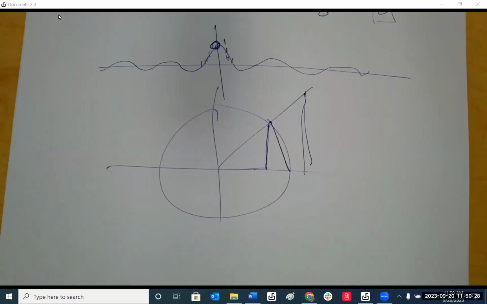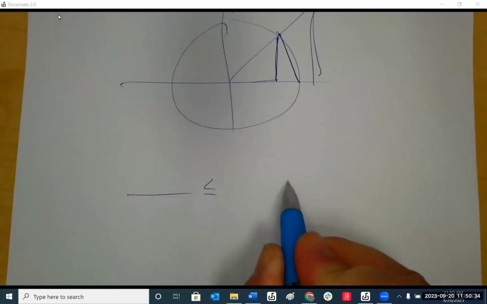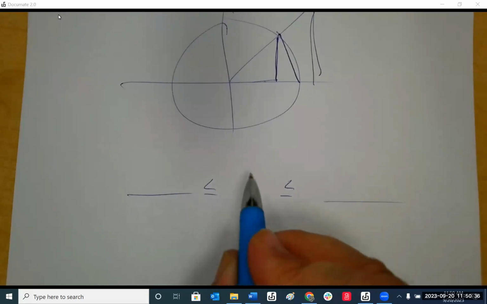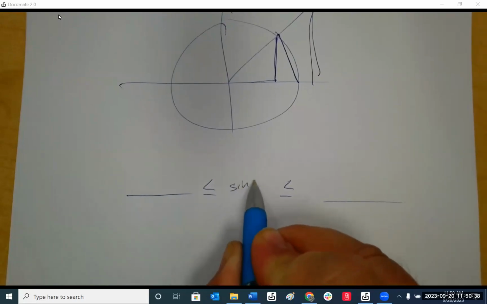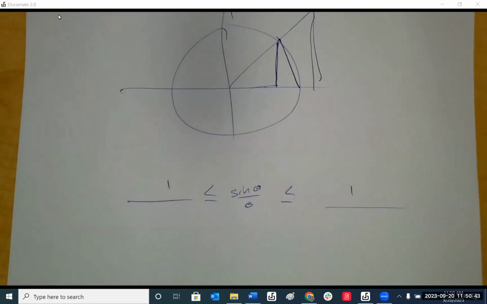So we will have 3 parts of a function that eventually end up with sine theta over theta equals 1 as theta goes to 0.